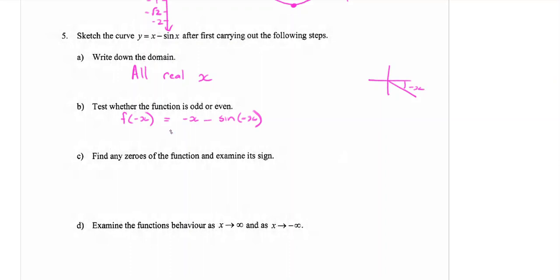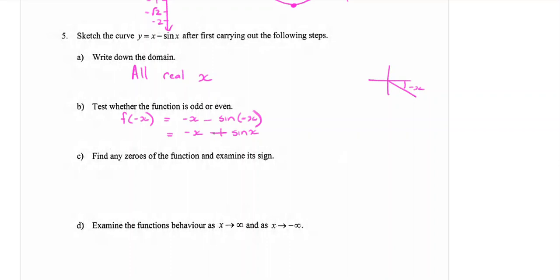Negative. So I could say that sine of negative x is the same as negative sine of x, because x is the reference angle, but it's negative because it's in the 4th quadrant. So it's negative and negative sine of x. The two minuses will make a plus. Now, it's obviously not even because that's not the same as what I started with.